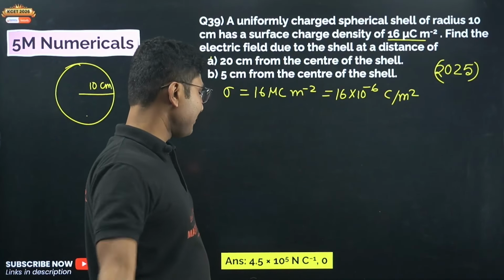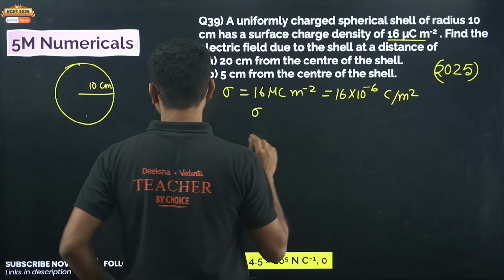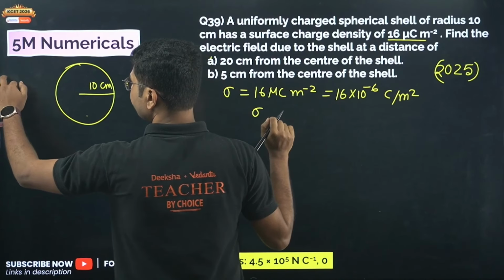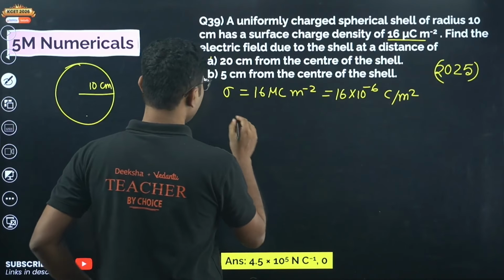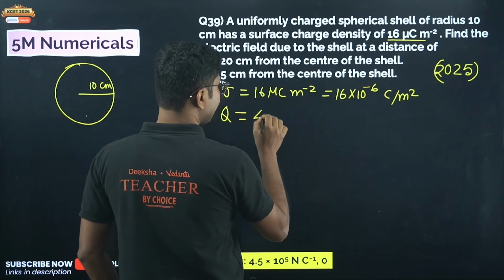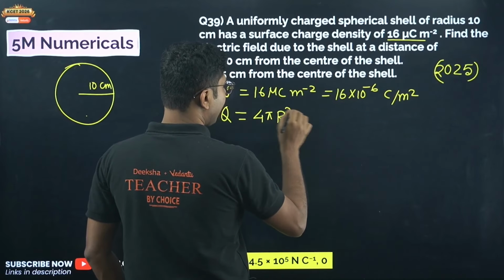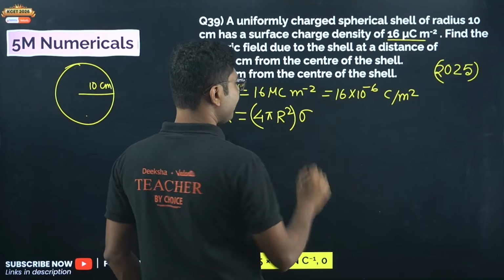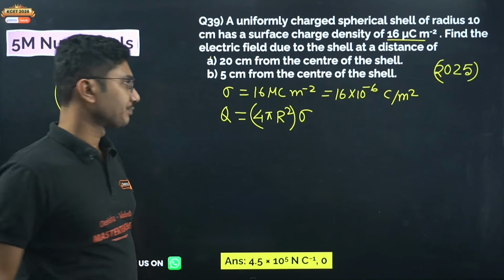Now, if surface charge density is given, how can we calculate the total charge? To calculate the total charge, what we have to do? We have to multiply the surface area of the sphere, that is 4 pi r square, by the surface charge density. This is the total charge of the sphere.